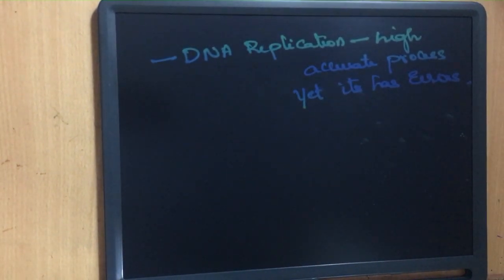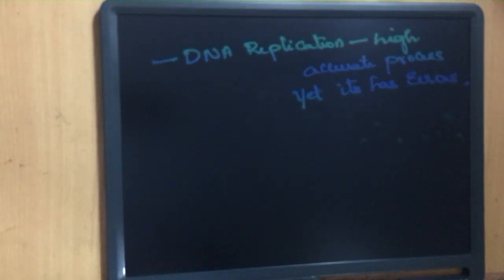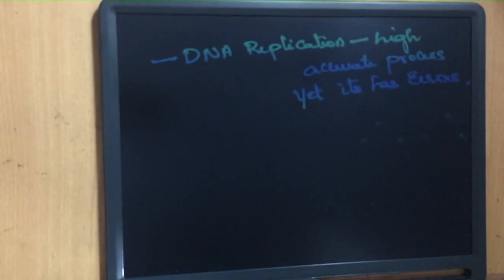And the cell has various mechanisms to deal with these errors. Understanding these processes at a detailed level helps us understand how efficiently our system works to transfer the genetic information from one generation of cells to another without being altered. So thank you friends. Here we are done with DNA replication errors and the slippage mechanism.